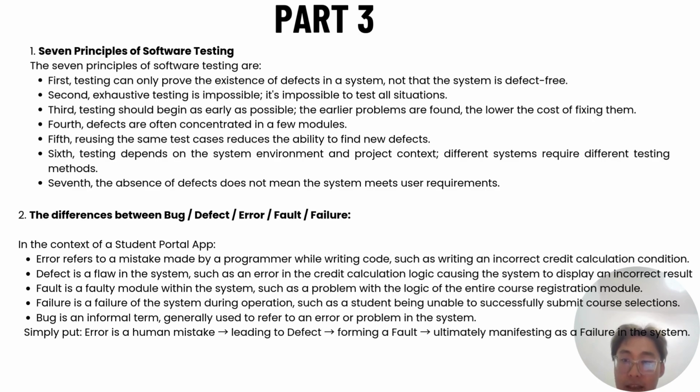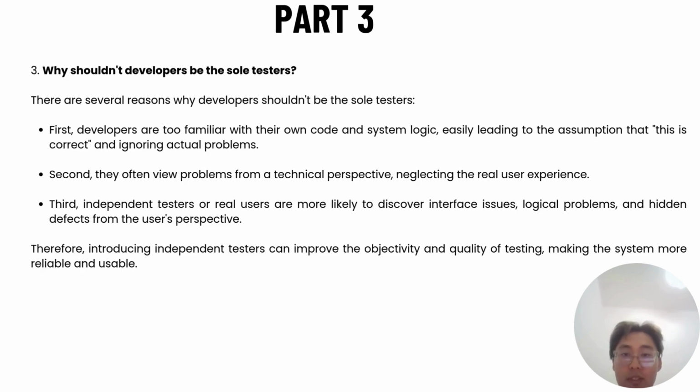Bug is an informal term generally used to refer to an error or defect of a program in the system. Similarly, error is a human mistake leading to a defect.